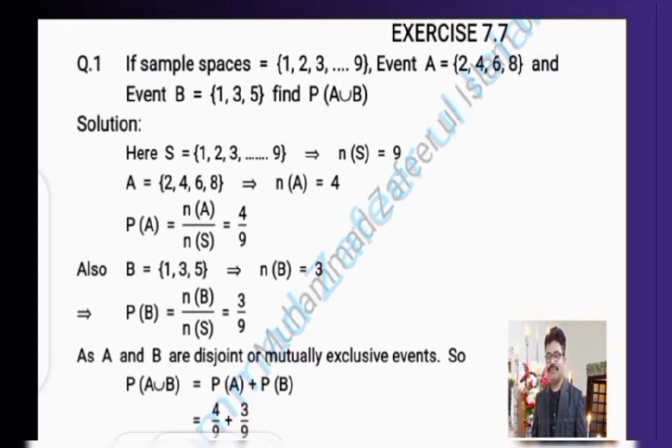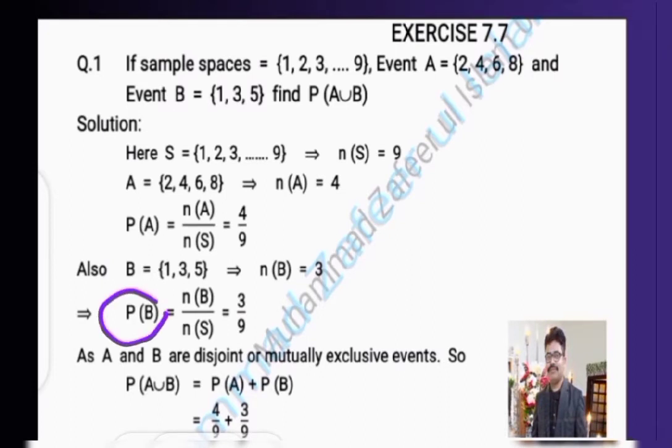Now we are going to find the probability of event B. First of all, we have to write the event B. Event B is 1, 3, 5. The number of values in event B is 3.